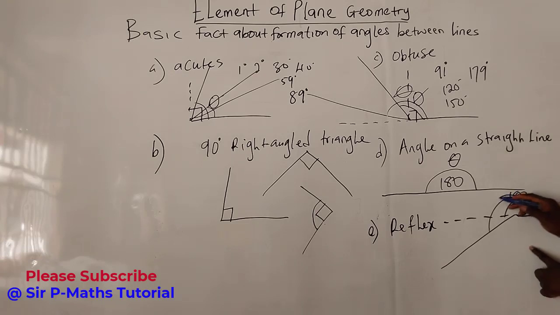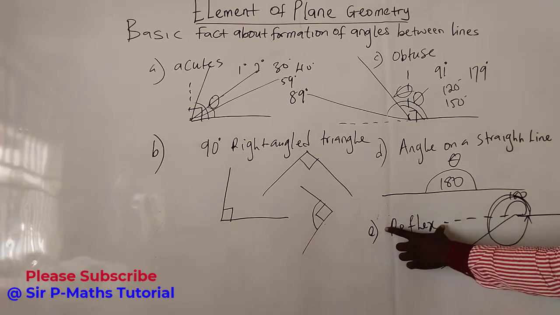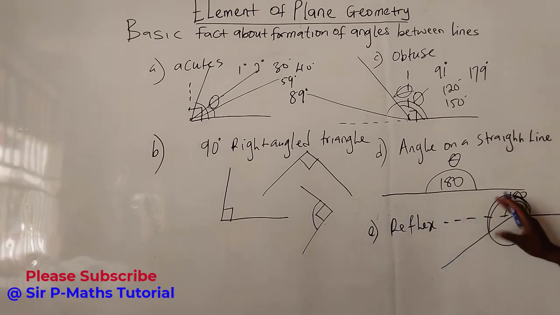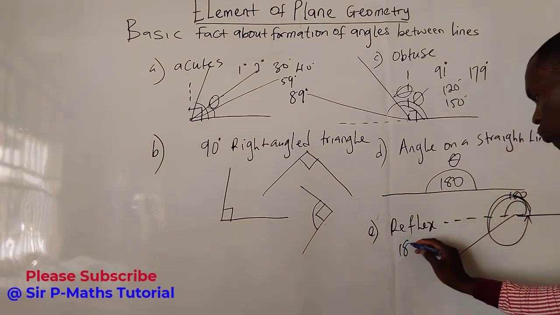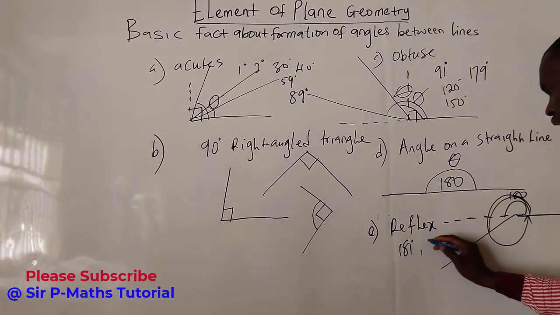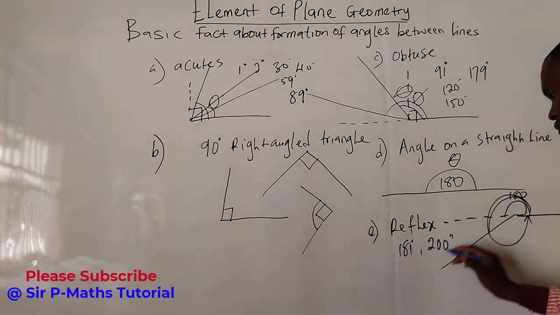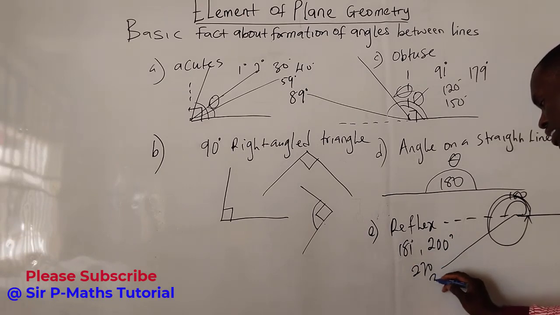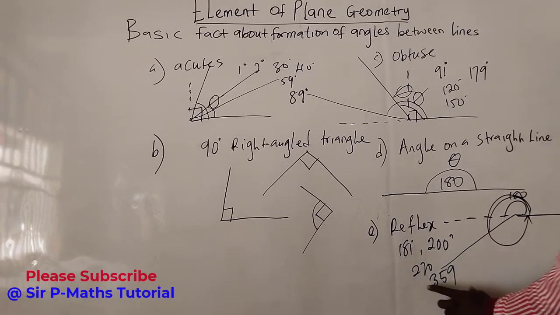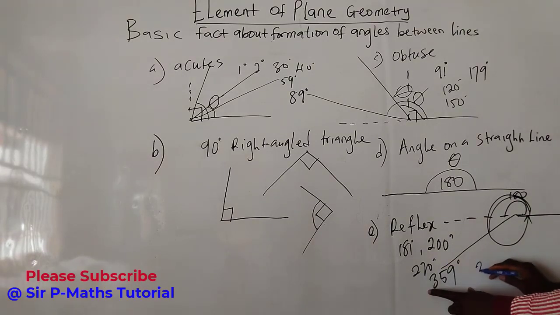Now, if this line turns from here to here, we obtain 360 degrees. So once the line has exceeded 180, we call it reflex. So the angles obtainable here are 181 degrees, 200 degrees, 270 degrees, 359 degrees. 359 degrees is the last angle you will get before you get 360 degrees.